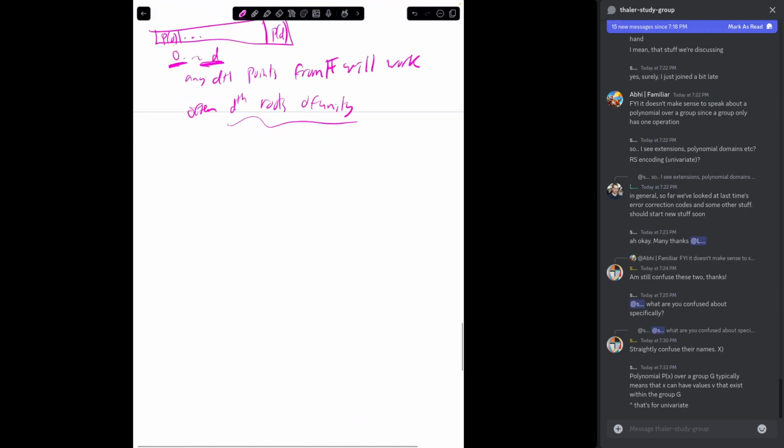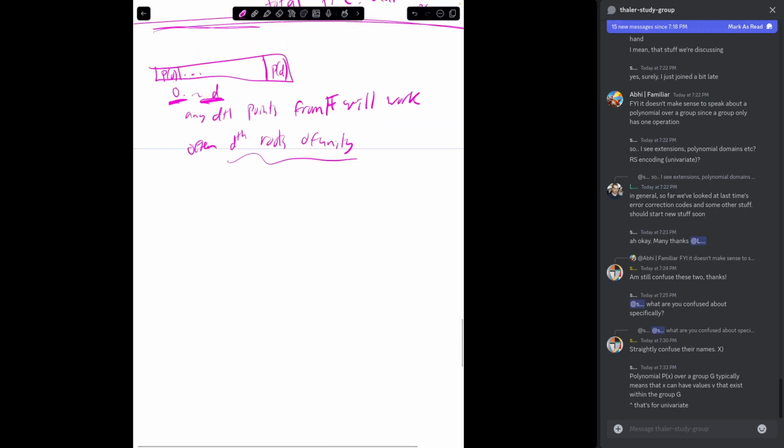Okay, so if you know a little bit of linear algebra, what Lagrange interpolation is doing is interpreting P0 up to PD as coefficients of P, but in a different basis than we're normally used to. Normally the basis we're used to is what's called the standard monomial basis.